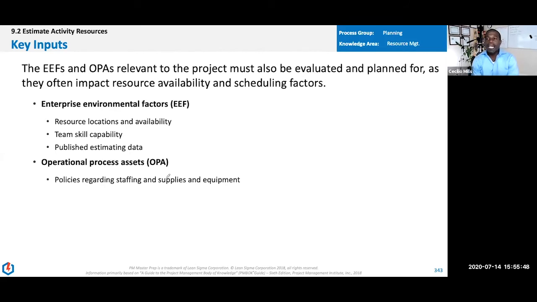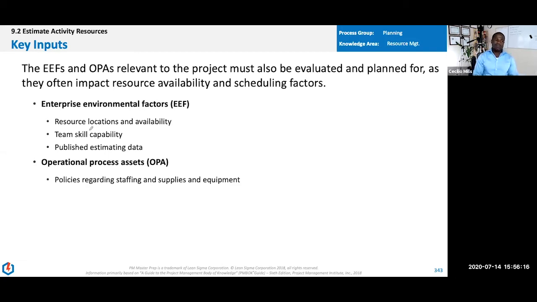EEFs and OPAs in this context, all right? EEF, where that resource is located and their availability, you have no bearing on that. That's outside of your control as a PM. So that becomes an EEF. Same thing with the skill levels of your team members. You have no bearing on that. You can fight for training, and you can go to bat for the team and get management to give them better tools and all that.